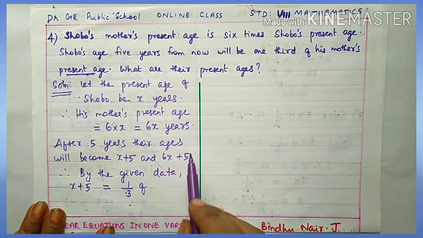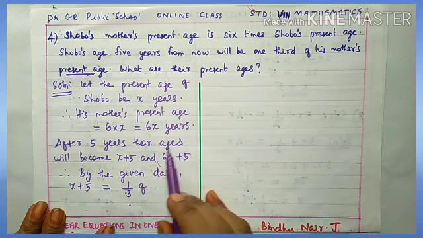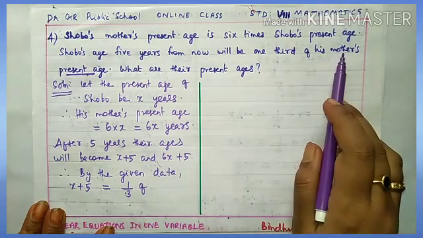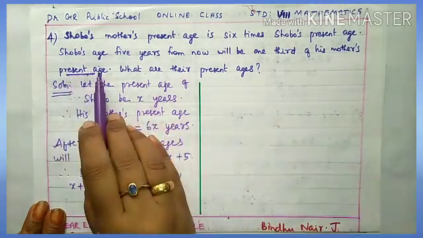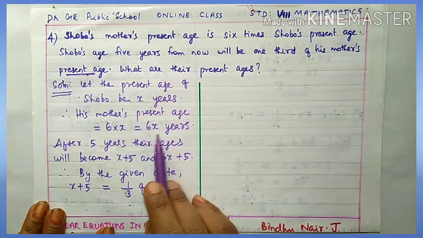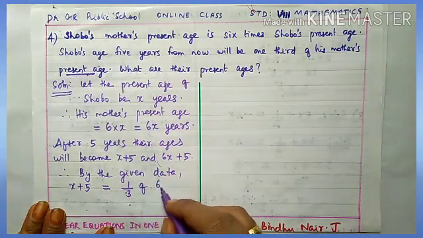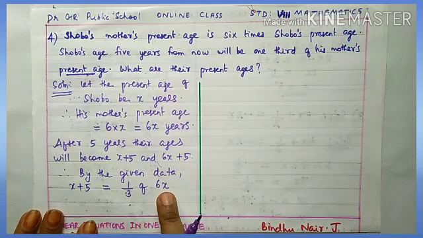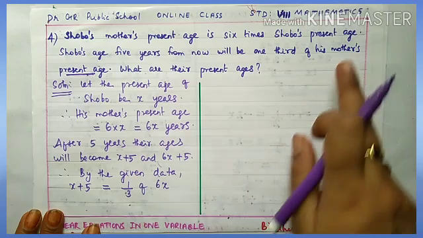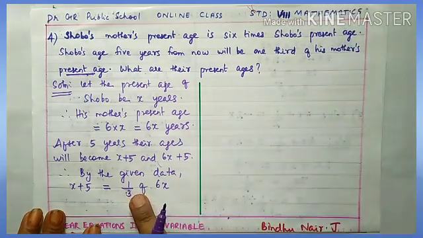Don't take 6x plus 5, it is wrong, because 6x plus 5 is mother's age after 5 years. But here in our question it is told mother's present age. So you want to take mother's present age. What is it? 6x. So 1/3 of mother's present age. This is the correct one. Don't write the other one, it is wrong. Okay. See the question carefully and write the equation.